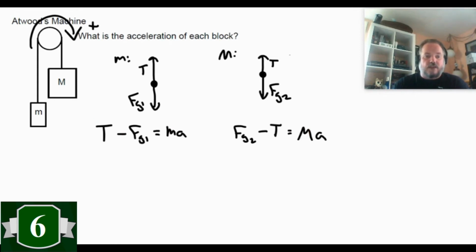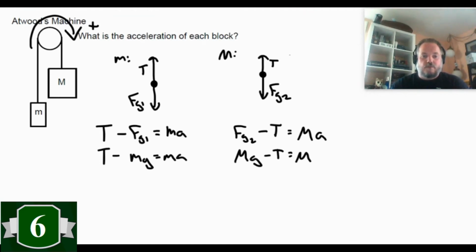I'm going to rewrite these real quick. This is going to be tension minus little mg equals little ma. And over here, this is going to be big Mg minus tension equals big MA. One of the neat things you can do is add equations together.